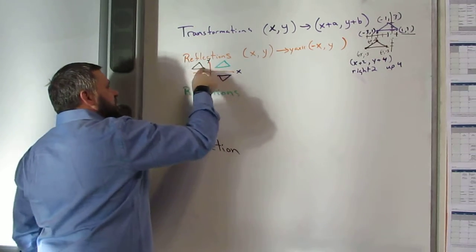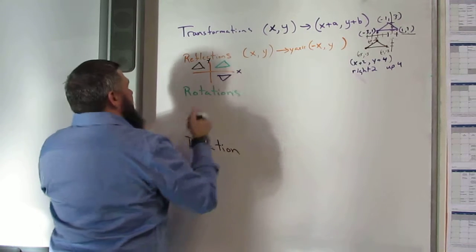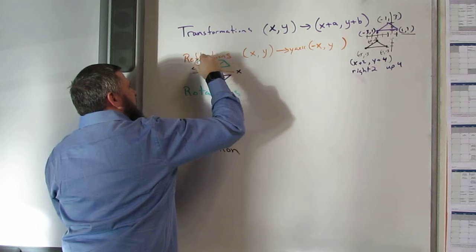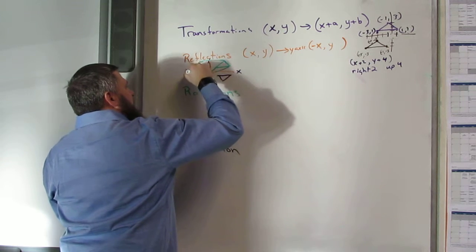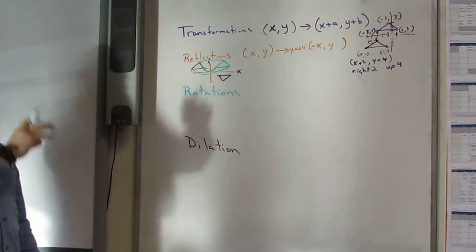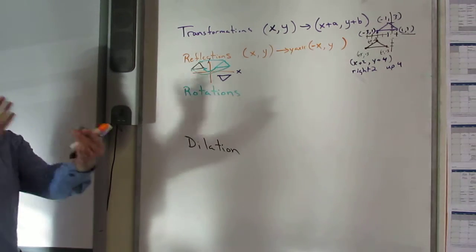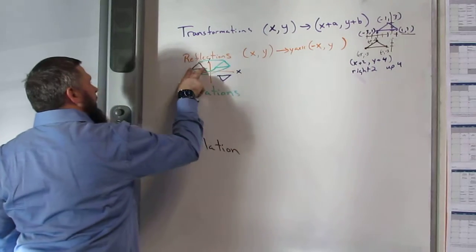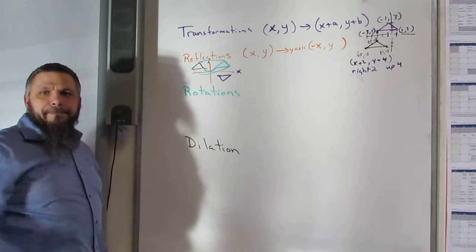But this x becomes the negative x. So this x goes right here, this goes right there, and this goes right there. It reflects. It flips across. Bam.